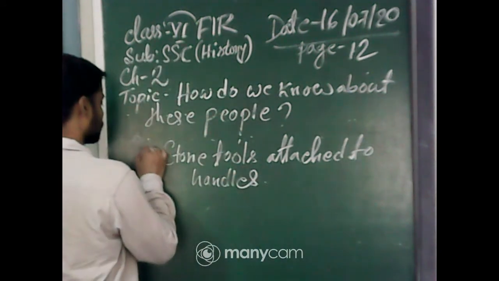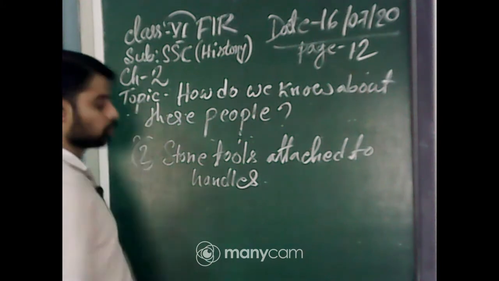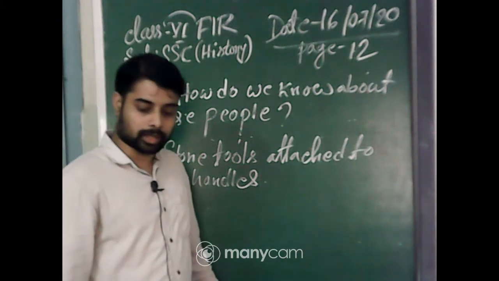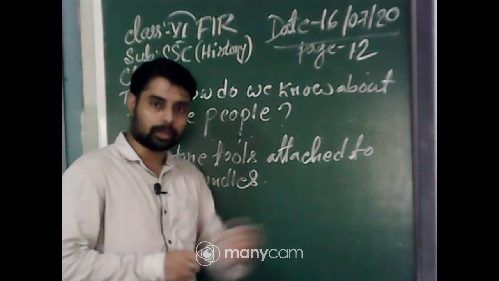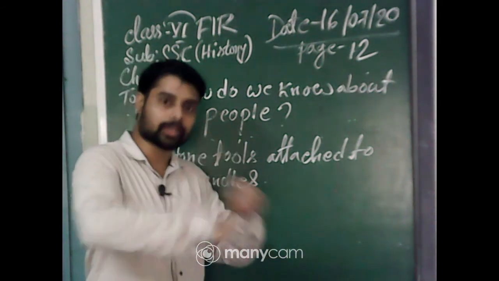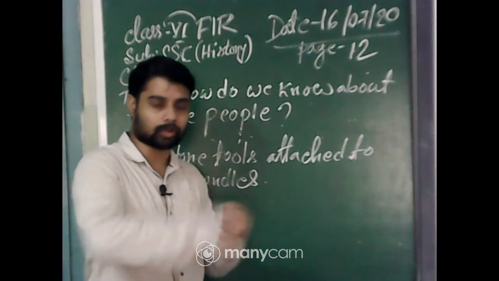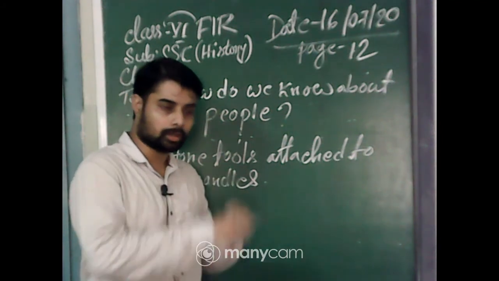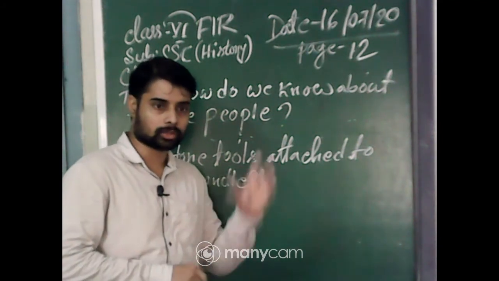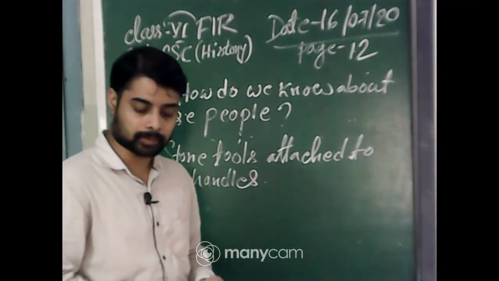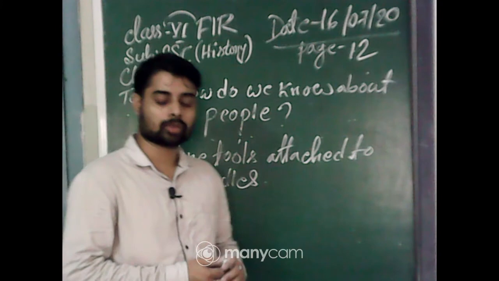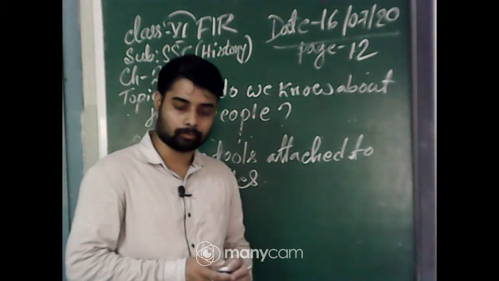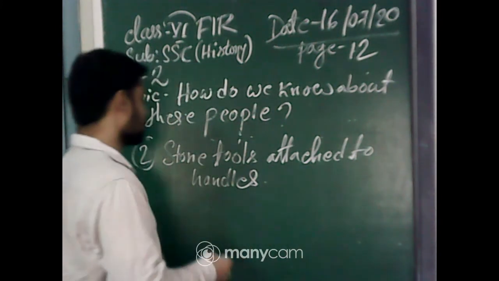Okay. This is another type of stone tool. They attach a bone or a piece of wood using the bark of the tree, and they tie it, they make a knot with the stone tool and make an axe, spear, as well as a bow for hunting animals.